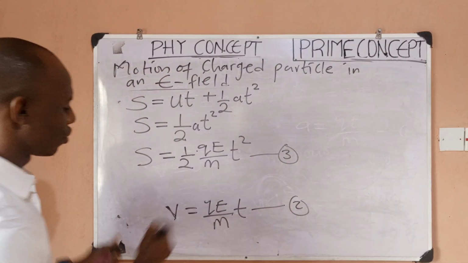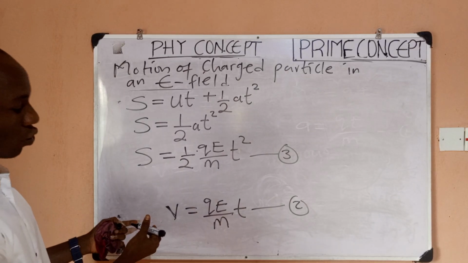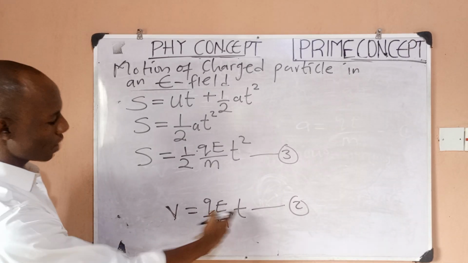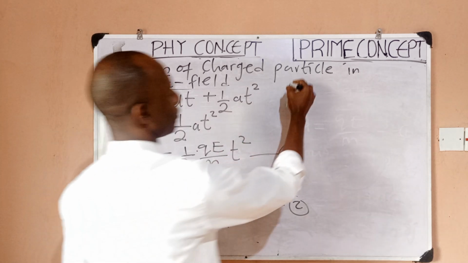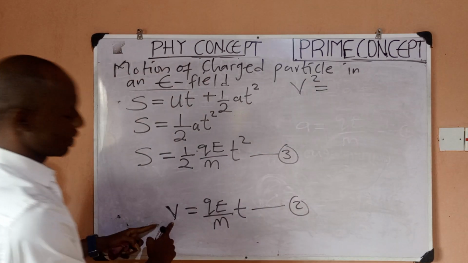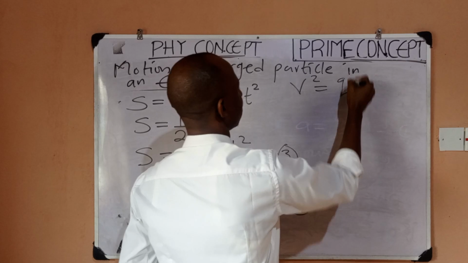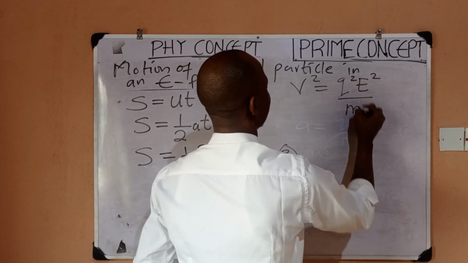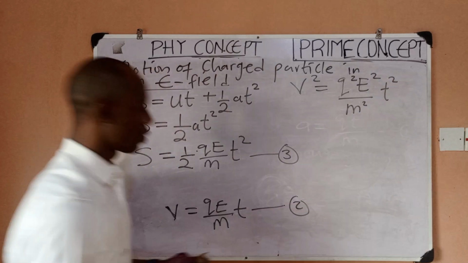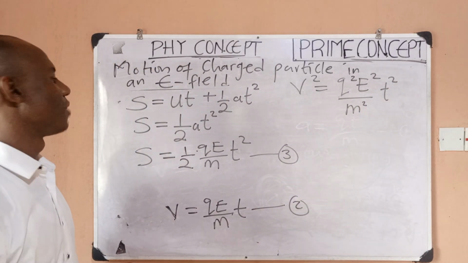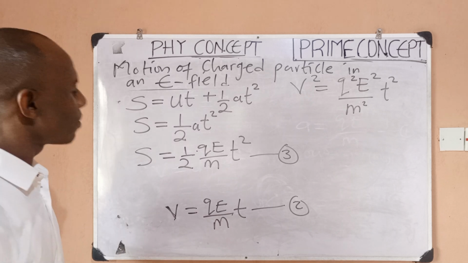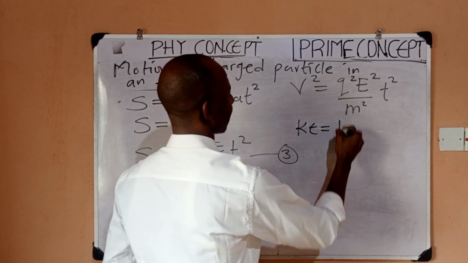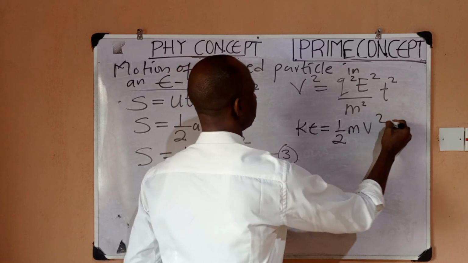If I come to equation 2, I'm going to square both sides of equation 2, right? If I square both sides, I would have that v squared is Q squared E squared divided by m squared times t squared. So this is what I would have as the velocity squared. Now, if I go back to the formula for kinetic energy, KE is half mv squared, right?